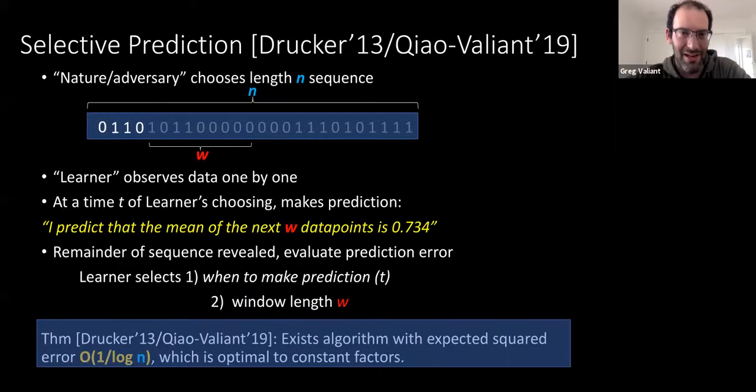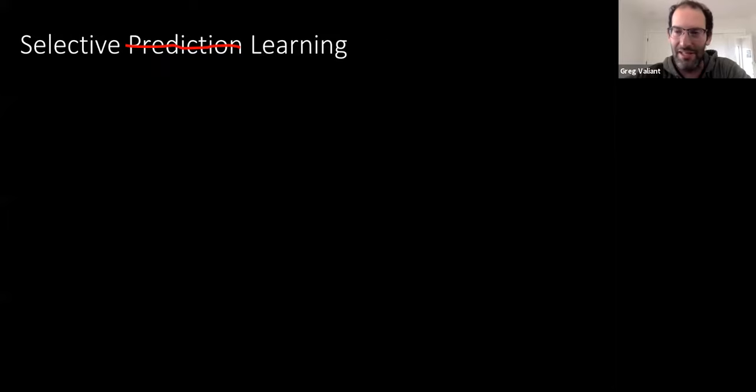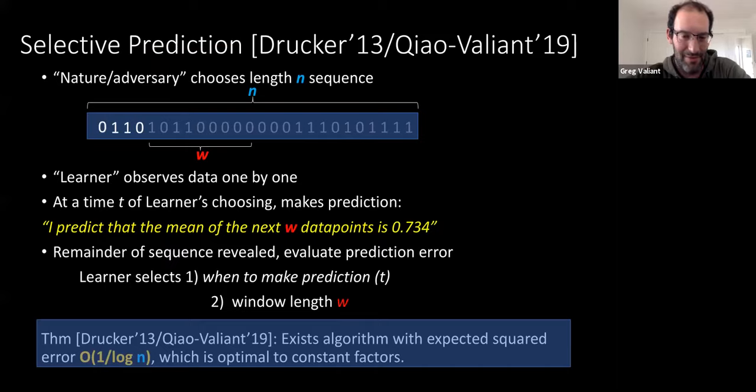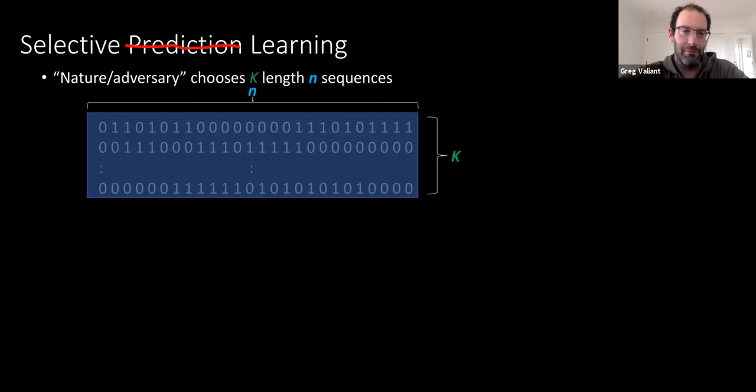Okay, so let me describe the selective learning version of this, and then we can go back and maybe discuss intuitions for what's actually going on. The selective learning version of this is very similar. Nature, or the adversary, is going to choose k length n sequences.